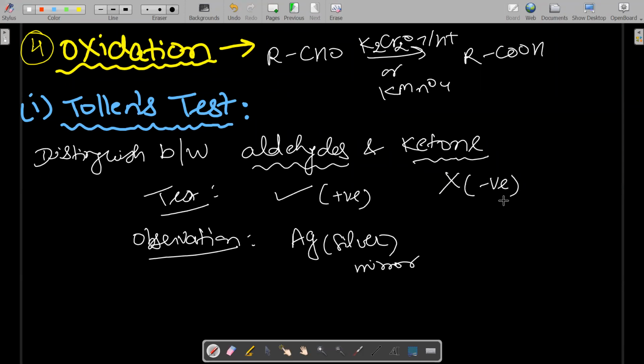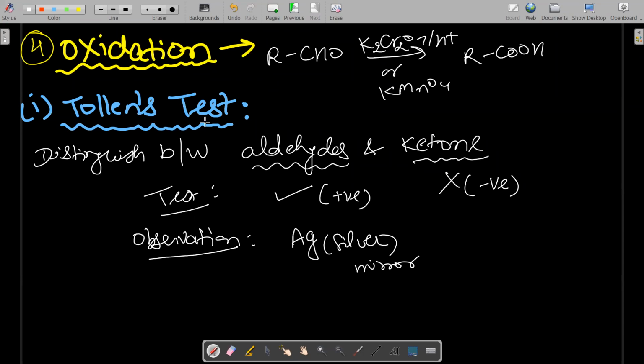Observation is very required, because what happens in exam is you write Tollen's test and that aldehyde gives the test, ketone does not, and then you say, ma'am, you have not given me the marks. That is the reason we do not give the marks: if you do not write the observation, you will not get the marks. If you only write that both can be distinguished by Tollen's test, then no marks will be given, because you are not mentioning which one gives the test.